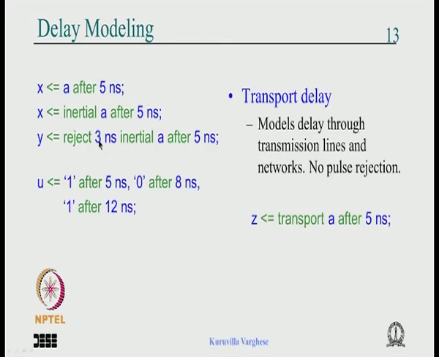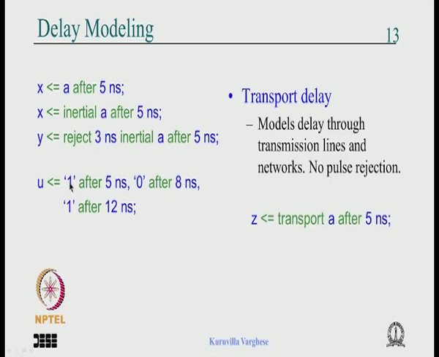But if you know those parameters, this is an accurate depiction of the reality. Okay, so Y gets reject 3 nanosecond inertial A after 5 nanosecond, which says that anything less than 3 nanosecond should be rejected, output does not come. But if it is greater than or equal to 3 nanosecond, A will appear at Y after a delay of 5 nanosecond.